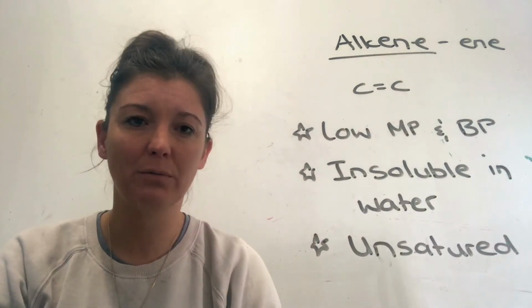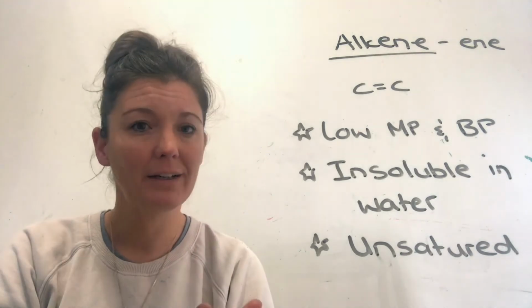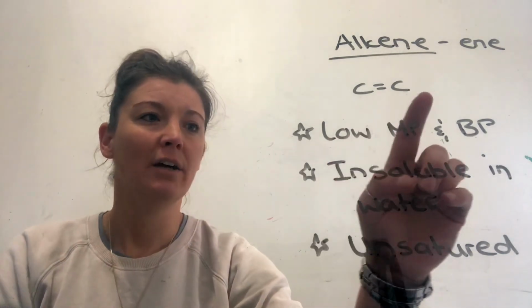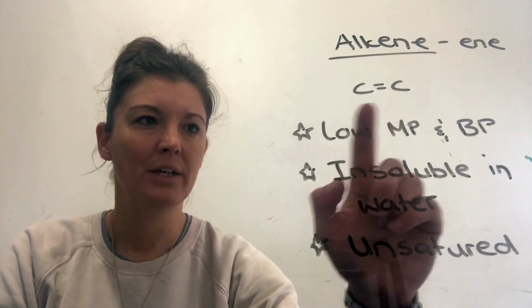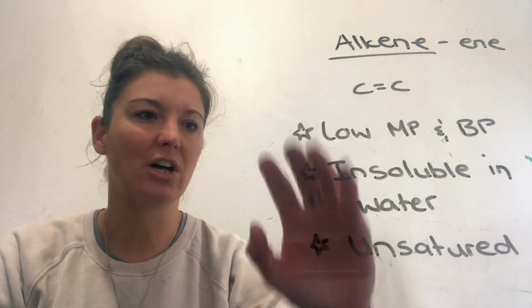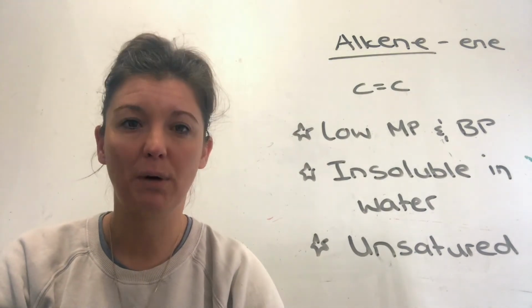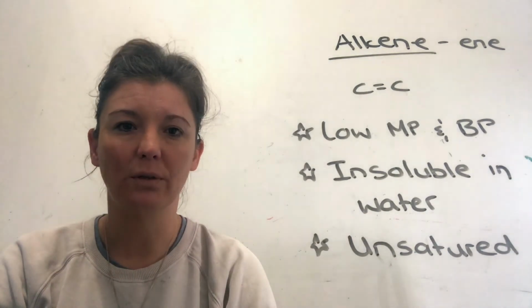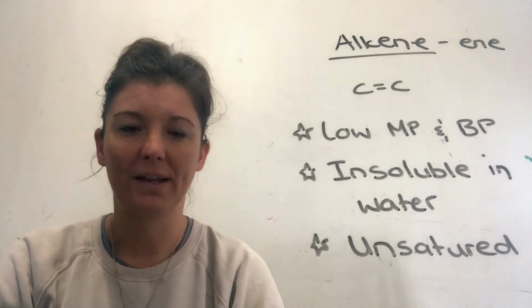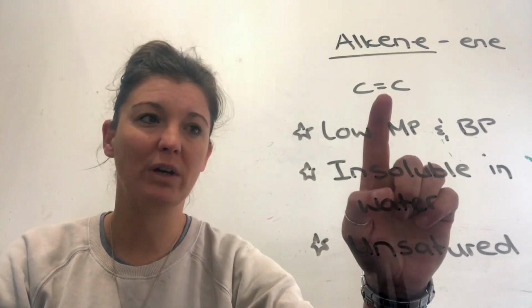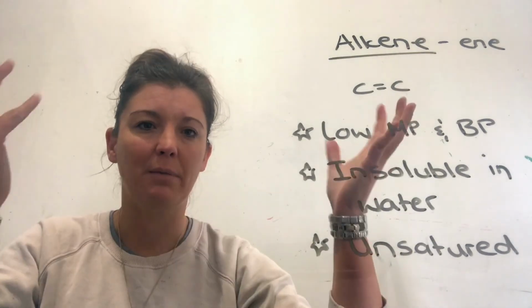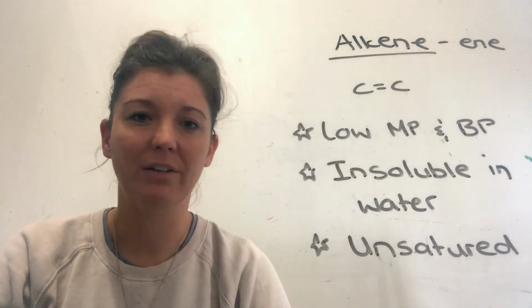Then they're insoluble in water because they are non-polar. Remember, non-polar, if you look at that, one side isn't more charged than the other one. They're pretty much similar, so they are non-polar. That's why they're insoluble in water, and then we call them unsaturated molecules because one of those bonds can easily open up to grab onto whatever we give them.